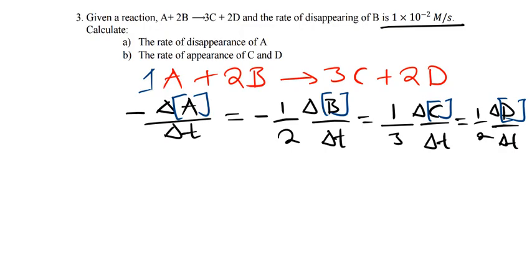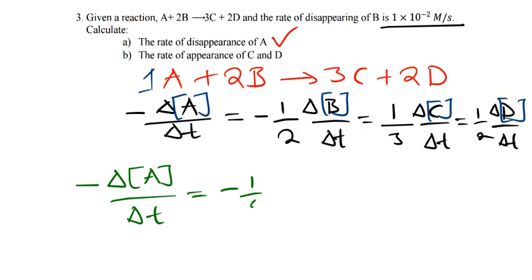And then we are asked to first of all find the rate of disappearance of A. So which part of the equation is relating A and B? Just the first two. So negative change in concentration of A over the change in time is equal to negative 1 over 2 change in concentration of B over change in time.